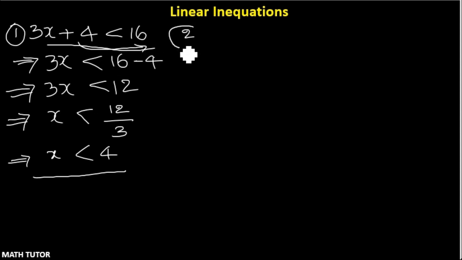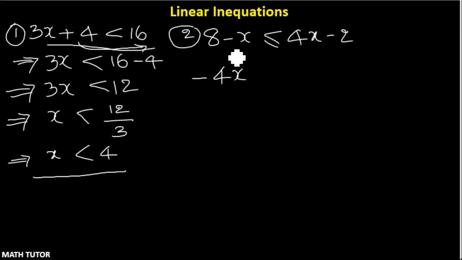Let us see one more example: 8 minus x less than or equal to 4x minus 2. Here we have to keep the x on one side and take the numbers to the other side. So the 4x will come to the left side, minus 4x, and this x already here, minus x, less than or equal to minus 8 minus 2.